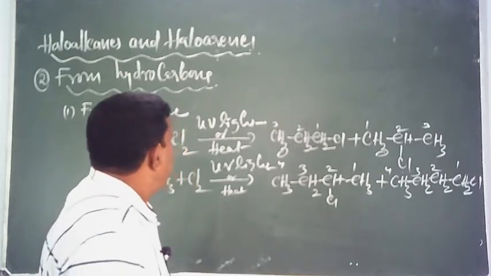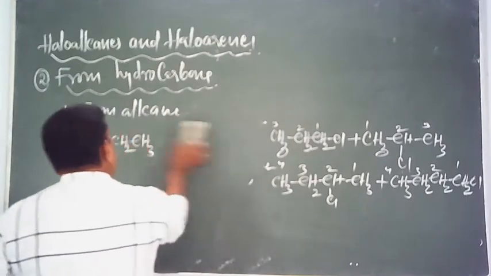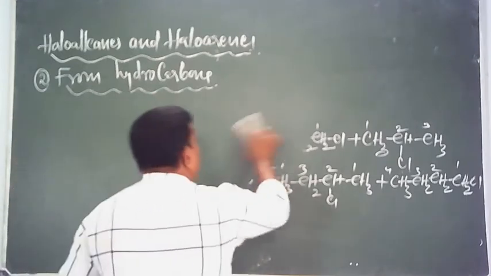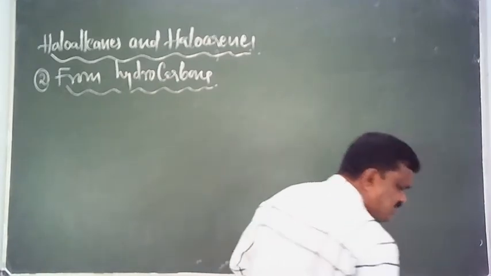Okay. Now let me go through preparation of alkyl halides from alkene. It's very simple.